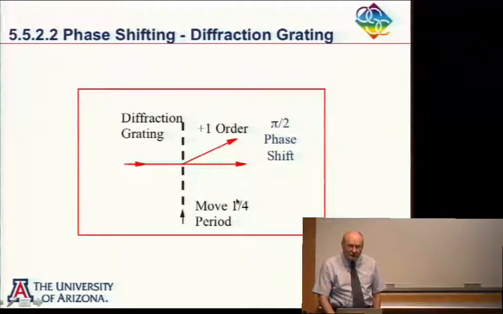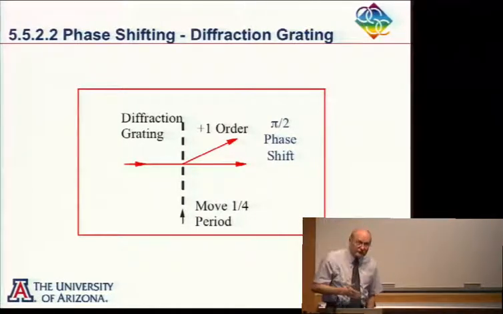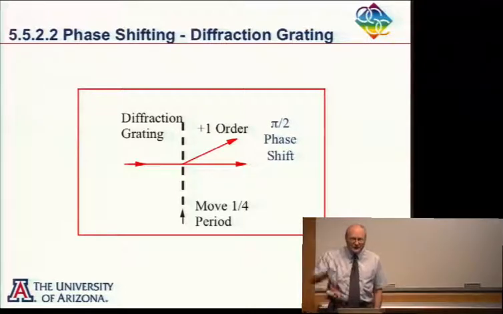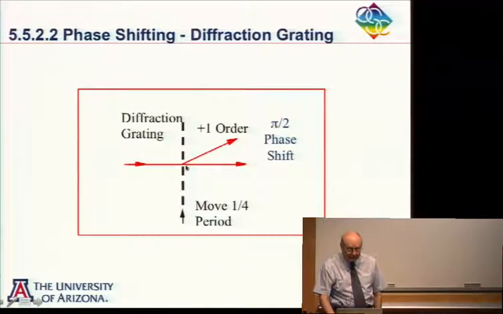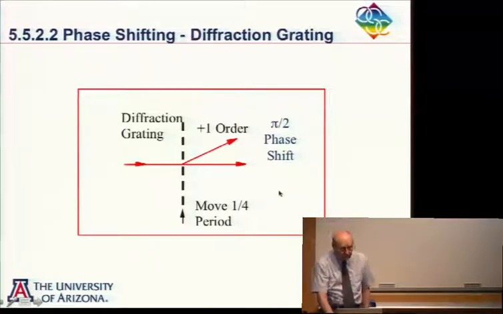The minus first order, how much will the phase of the minus first order change by? That's proportional to the spatial frequency. It's going to be minus whatever the plus first order was. So if we move this 1 period, the first order changes by 2 pi. The minus first order would change by minus 2 pi. The second order would change by 4 pi, and so on.